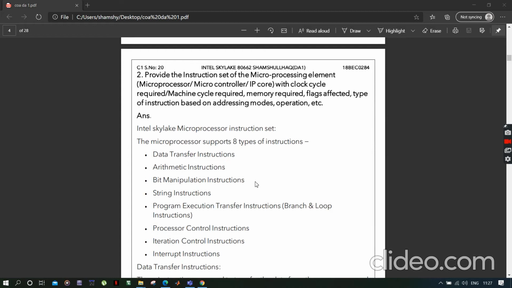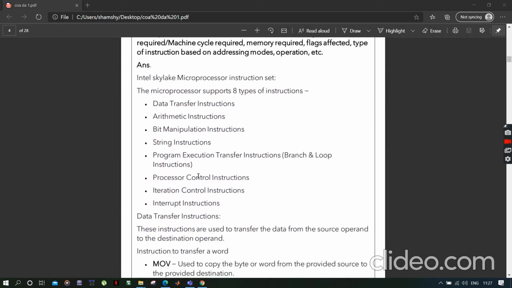Here's the second question: the instruction set of the microprocessing element that I have used in my assignment. And here are the details and the types of instruction sets used in the microprocessor. The first one is data transfer instructions, arithmetic instructions, bit manipulation instructions, string instructions, program execution transfer instructions, branch and loop instructions, processor control instructions, iteration control instructions, and interrupt instructions.